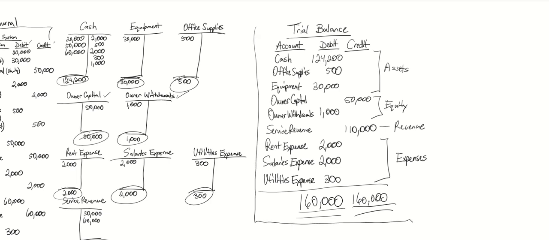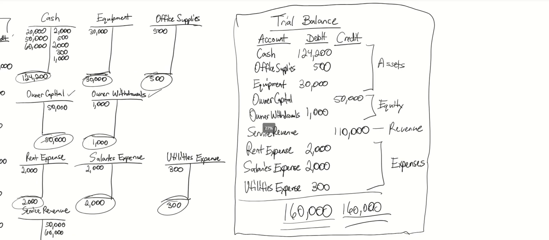All right, so let me show my artistic skills by drawing a box, and it's not even a good box, just to show you that this is a trial balance. So this is a form that needs to be prepared. Now, one thing to note here is that assets, liabilities, if we had them, and equity, these are your balance sheet accounts.